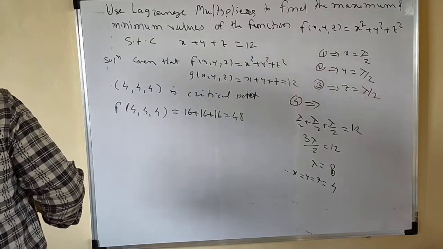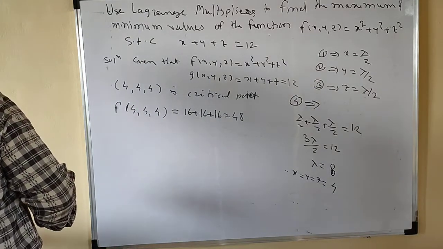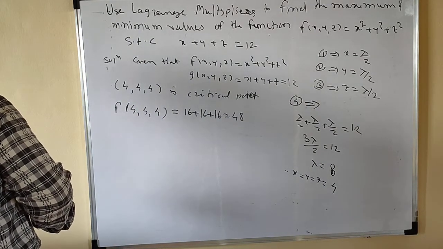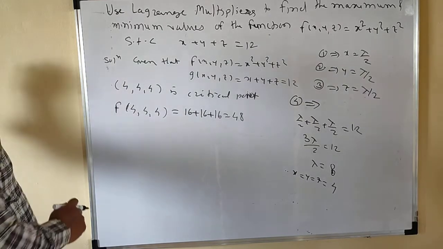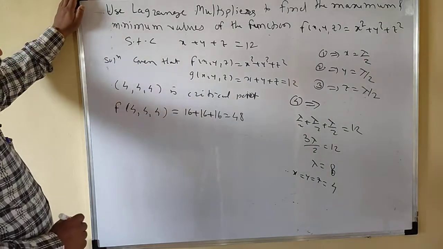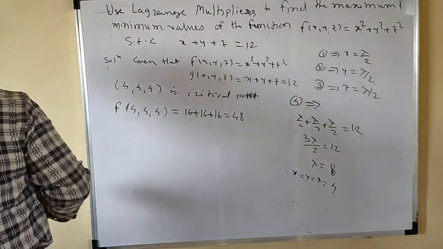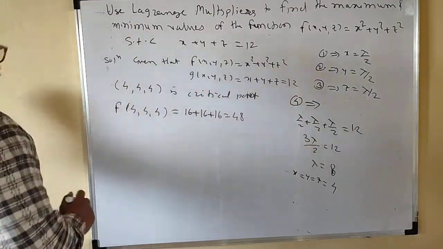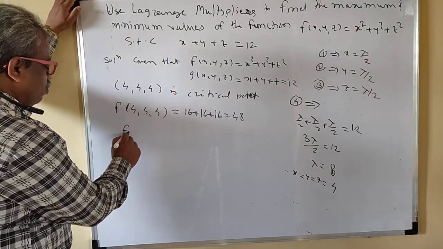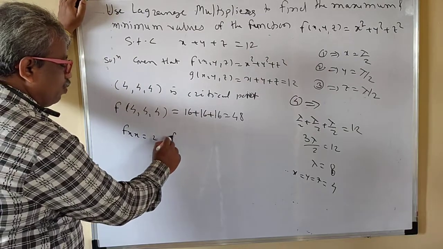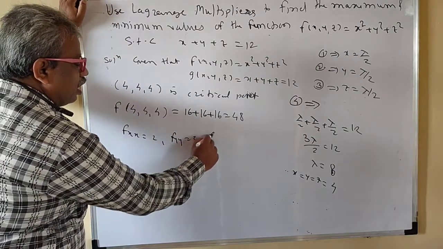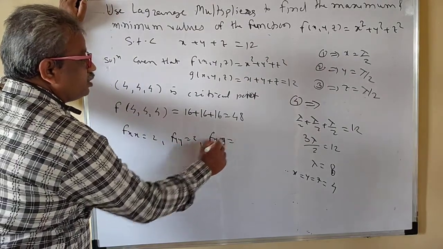Now here we cannot conclude that the function has minimum value or maximum value. So for that we'll find fxx and fyy. Now see here, fxx is equal to 2, fyy is also 2, and fxy is 0.